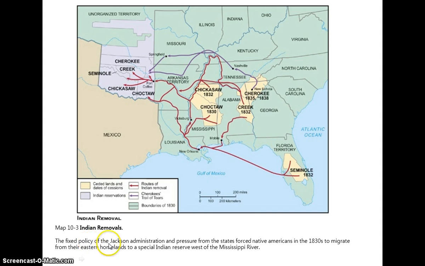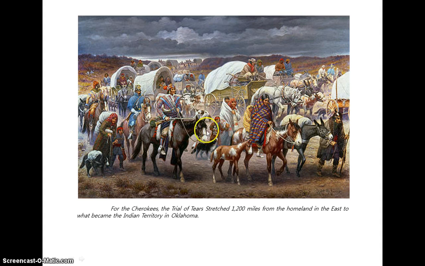The fixed policy of the Jackson administration and pressure from the states forced Native Americans in the 1830s to migrate from their eastern homelands to a special Indian reserve west of the Mississippi River. So they were pressured by Jackson, our president, during this era, and the poor Indians had to move forcefully. Yeah. Next slide. This is a picture of Indians moving to the western part of the Mississippi River.